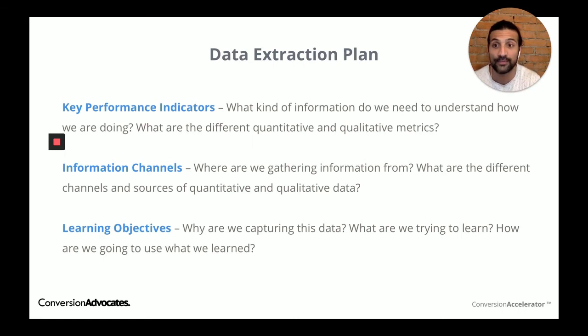The other thing you really want to make sure you're clear on is what are the information channels that you're going to be actually tapping into. So where are you actually gathering information from? What are the different channels and sources of the quantitative and qualitative data? So you might say, well, I'll look at my Google Analytics. Okay, great. But what about heat maps? What about user session recordings?